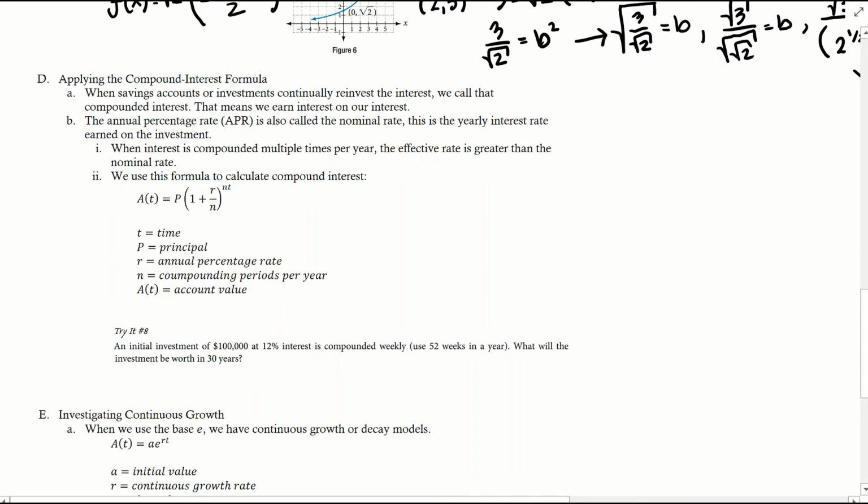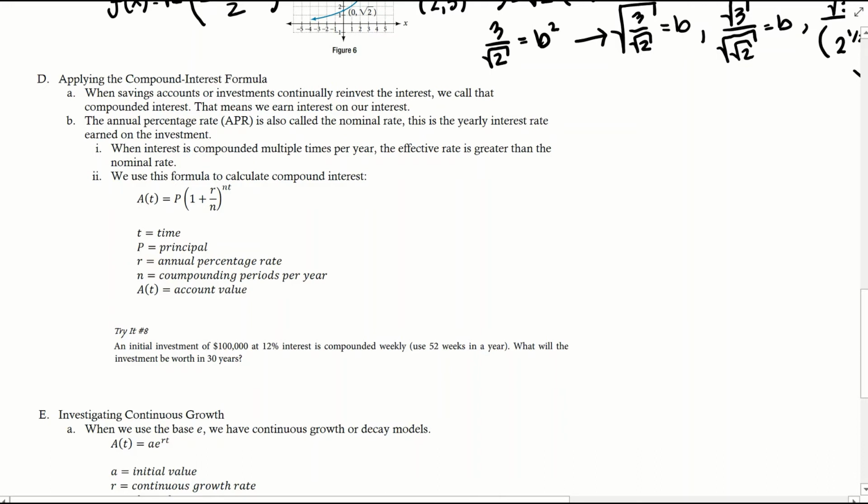The word interest will be thrown around a lot here. So the effective rate will be greater than the nominal rate. What is effectively happening in your life will be slightly larger than the nominal rate, the APR that they give you.